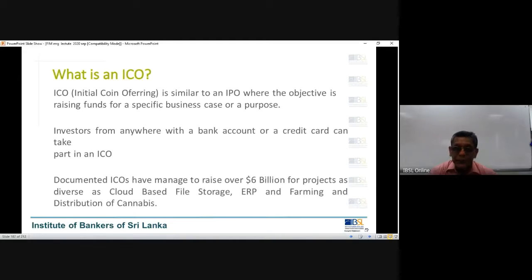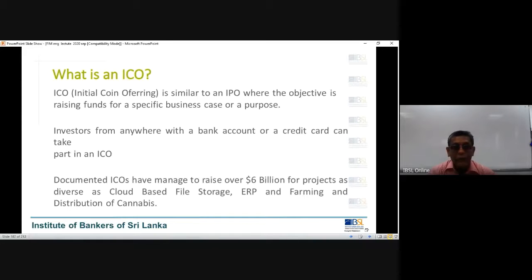But here is a new method called ICO, where the objective is raising funds for a specific business case or purpose. Investors from anywhere with a bank account or a credit card can take part in an ICO.